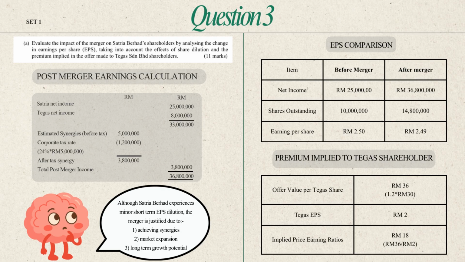Since Tegas shareholders receive 1.2 shares, the value offered per Tegas share is 1.2 multiplied by RM30, amounting to RM36. Tegas's EPS is RM2, so the implied price earnings ratio is RM36 divided by RM2, which is 18 times. This indicates Tegas shareholders are being rewarded with a premium valuation, which helps encourage the acceptance of the deal.